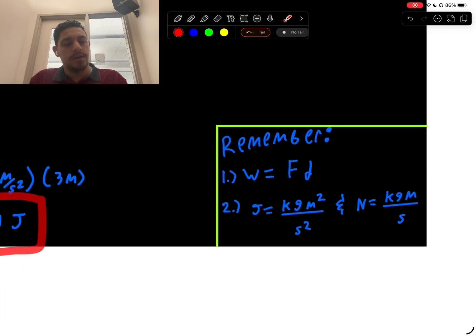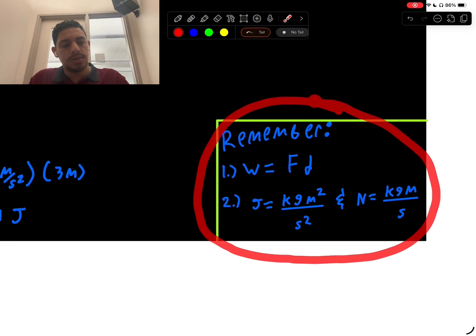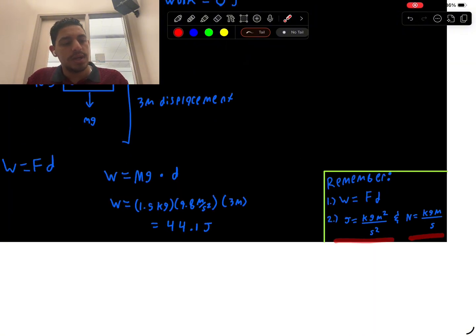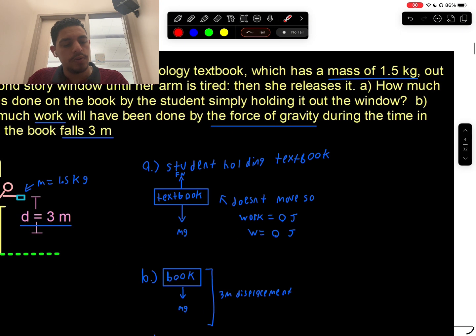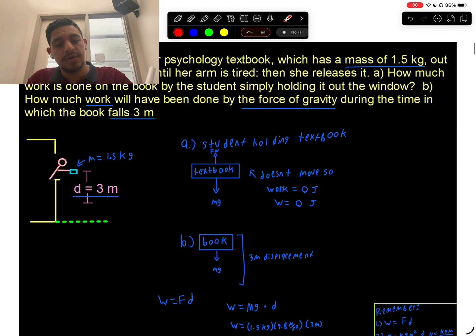So I wrote it right here for you. Remember, work is equal to force times distance. And I wrote out joules is equal to kilogram meter squared over second squared, and newtons is equal to kilogram meters per second squared. The reason I wrote out the units is because this could have been in centimeters, for example, and we'll see cases like that later.